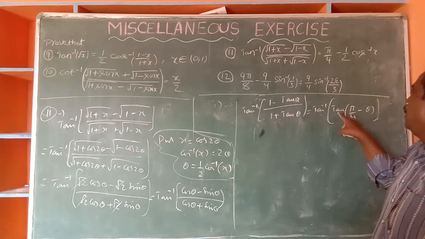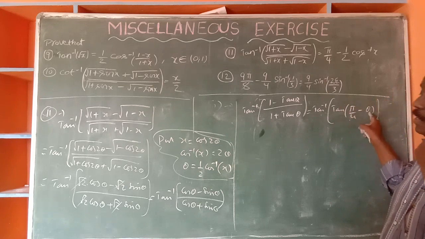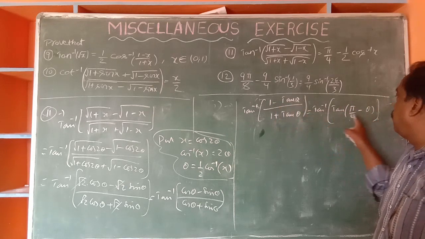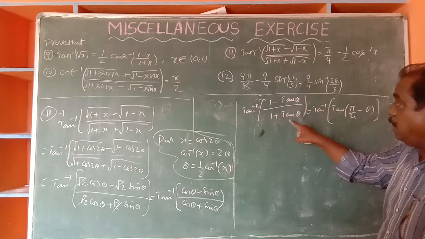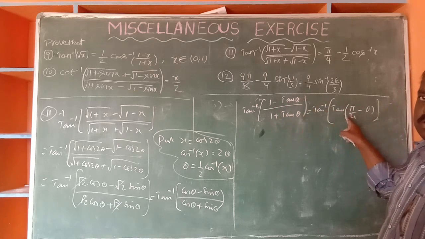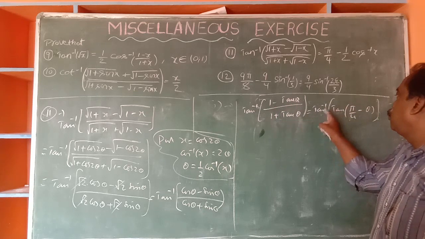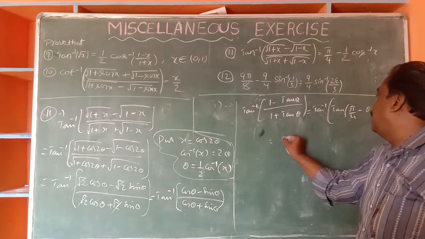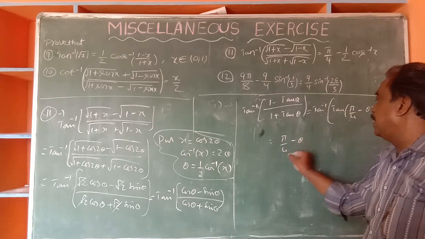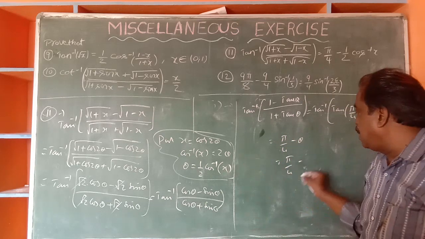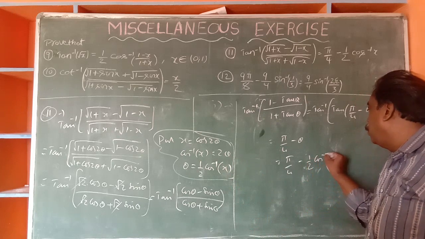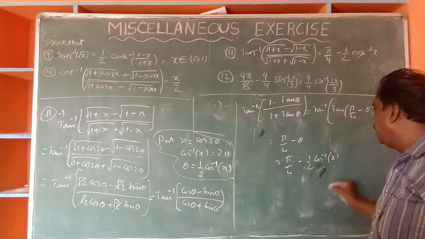You see, tan of A minus B is (tan A minus tan B) by (1 plus tan A tan B), so tan pi by 4 minus tan theta by 1 plus 1 into tan theta, that is tan of (pi by 4 minus theta). Tan and tan cancels, we get pi by 4 minus theta. What is theta? Theta is 1 by 2 cos inverse x.